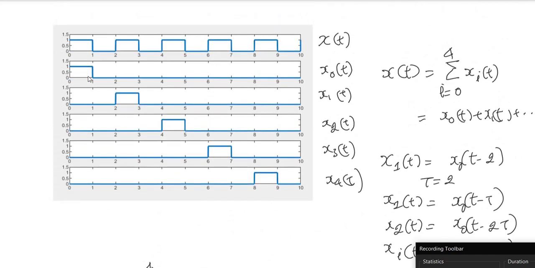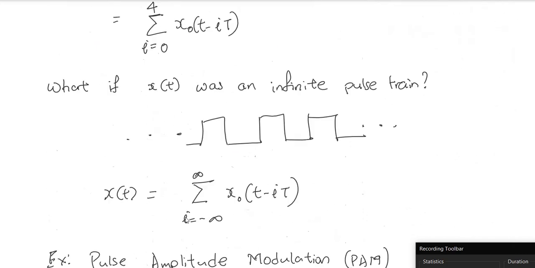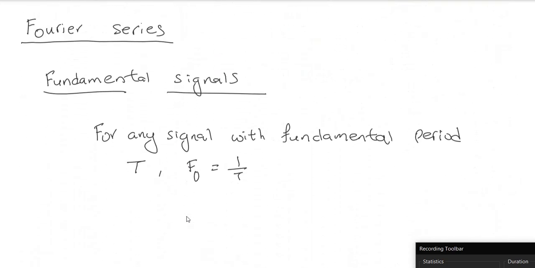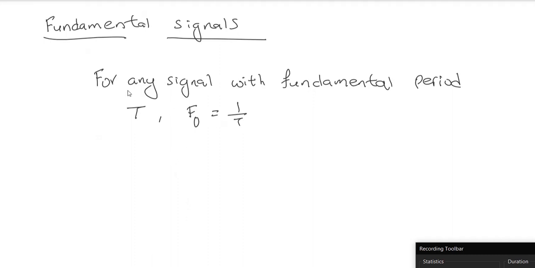So the fundamental signal was very heavily dependent on what the original signal was, because the fundamental signal and the original signal are the same within a given period. But now, when we're talking about Fourier series, we are talking about any signal with fundamental period T, okay? And our fundamental frequency f0 will be equal to 1 over T.